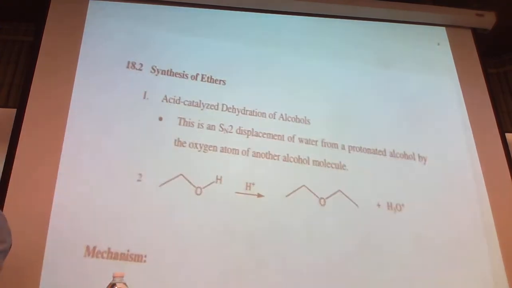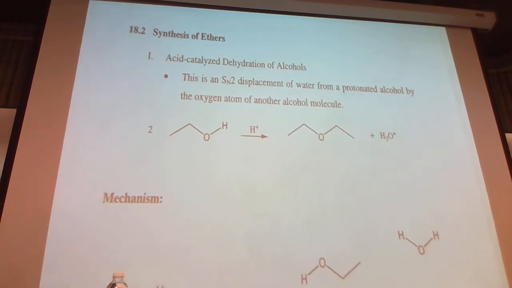Now let's talk about how to make ether. So again, when you're studying organic chemistry, it's so organized that you can easily follow. I know it's a lot to study, but it's so organized. What I meant by that is, you see a section for naming, you have a section for how to make those functional groups, and then another section that talks about the properties of the functional groups, and the fourth one, which is the largest one, is the reactions those functional groups participate in. So when you are studying, you should use that.